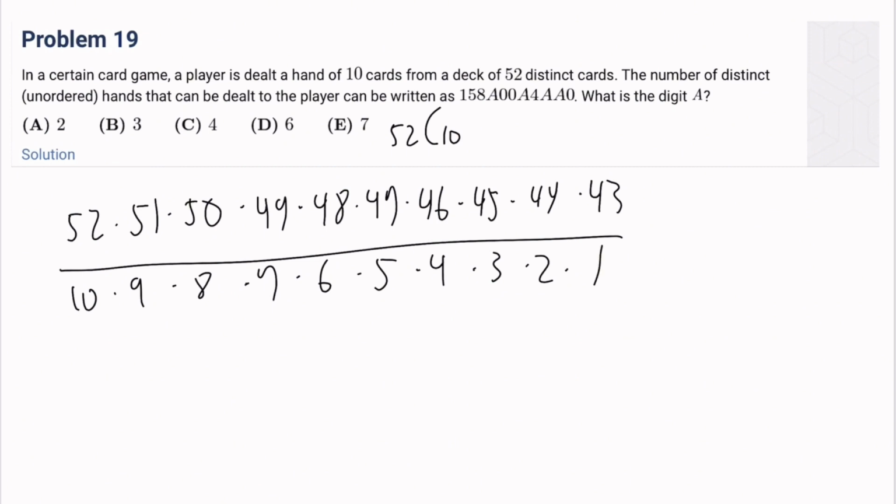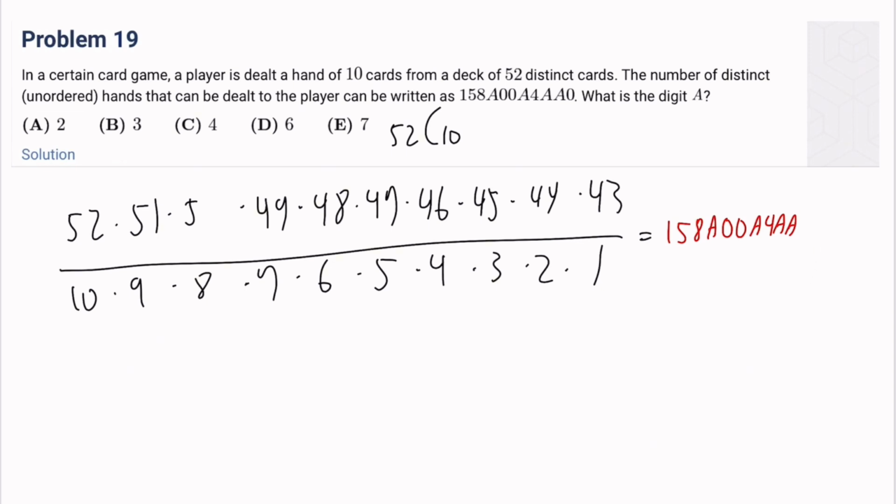And so this is going to be equal to 158A00A4A0, right? Okay, and then first of all, let's get rid of this ending 0. So if we divide by 10 on both sides, then this will just become 5, this will just become 5, and this will just become A.